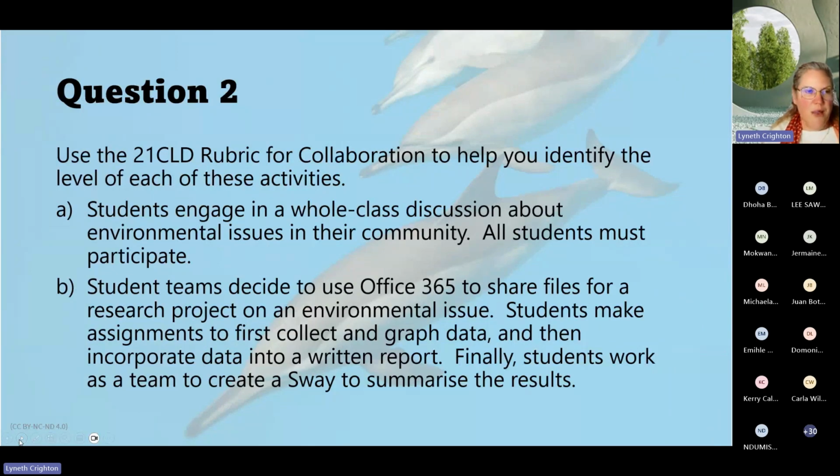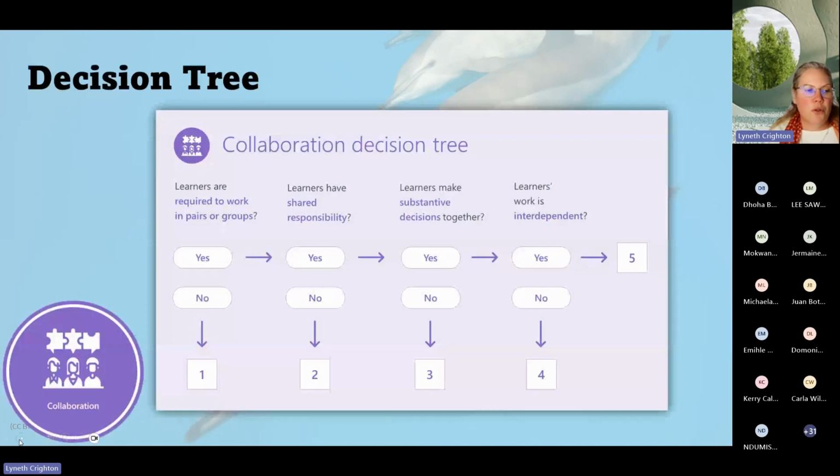So those are the kind of things that you have to think of when you're planning a project or assessing a project against the rubric. So of course, the decision tree for collaboration being a level 5 interdependent is the top of that rubric.